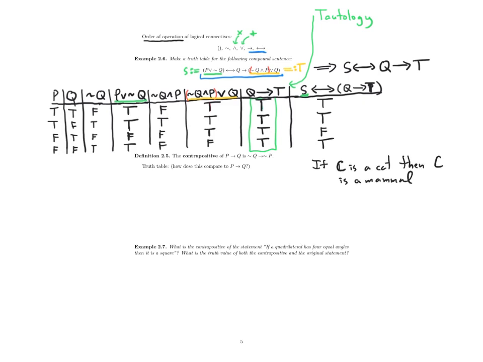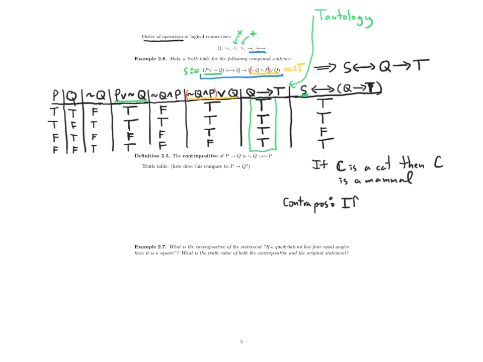Well, the contrapositive says, you flip the Q and the P, the if and the then part, and you reverse the truth values. So the contrapositive is going to be, if, so we need to put the negation of Q as the if part.